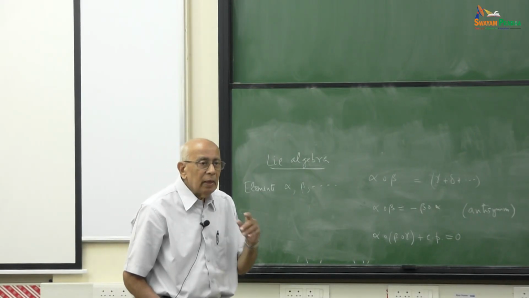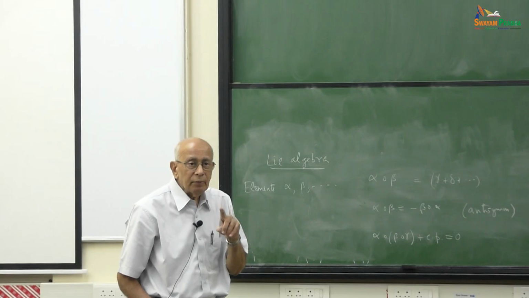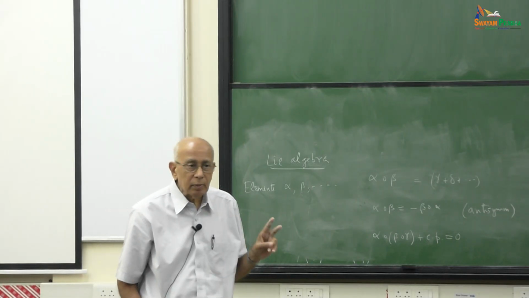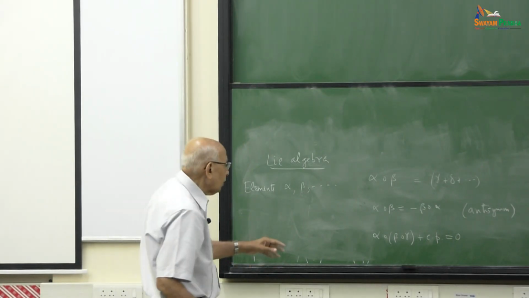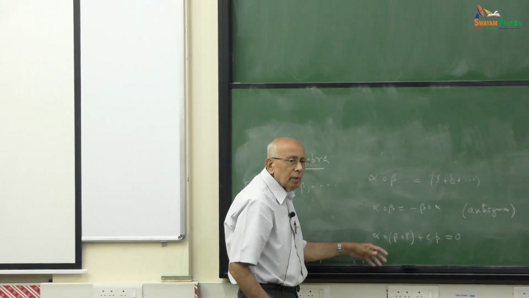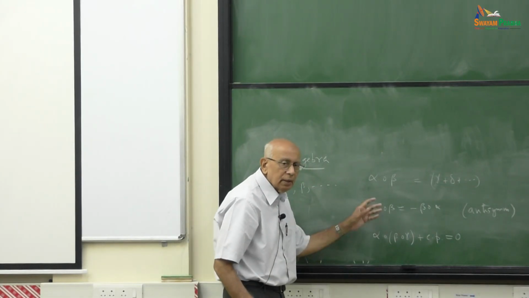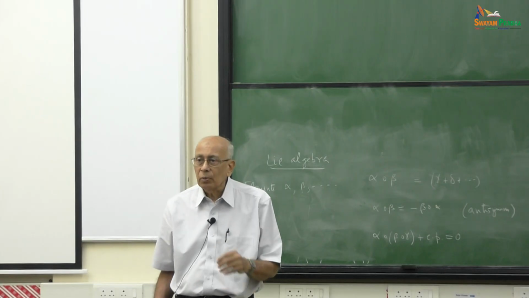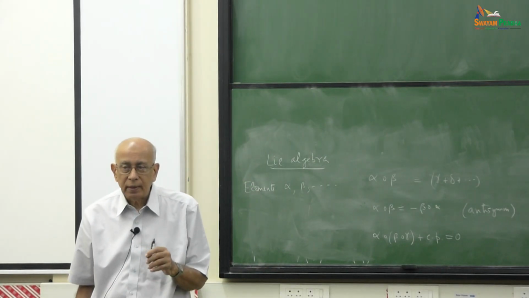Now you're all familiar with one example, in fact two examples, of a Lie algebra, which is, by the way, this set of postulates, plus a couple more technicalities, but essentially this. What is that?